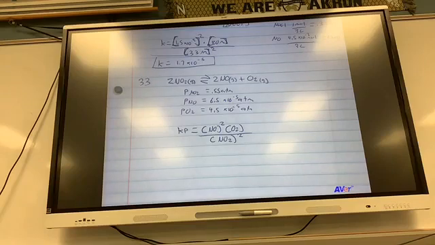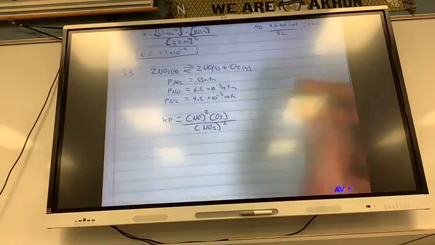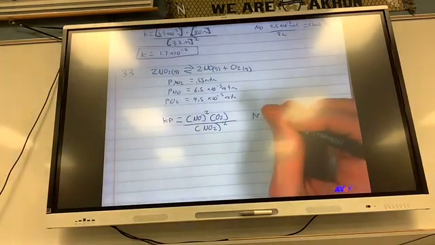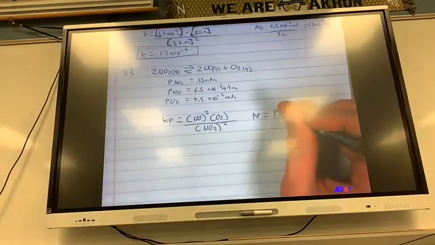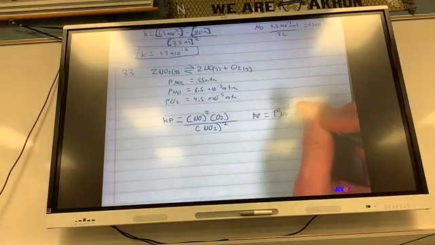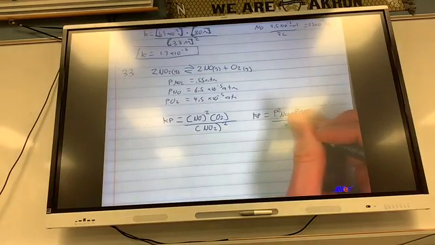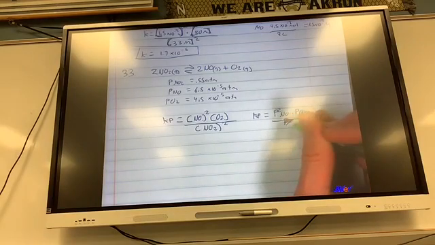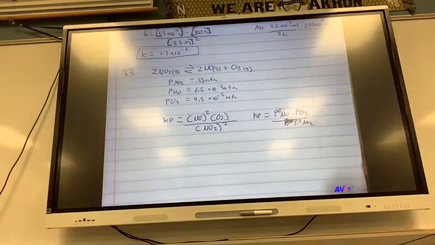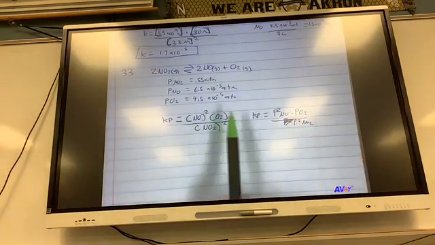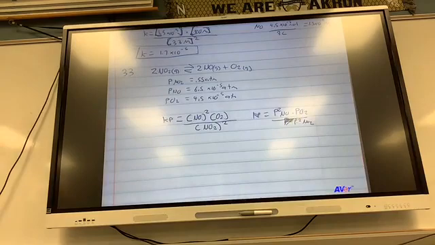Or you could have written it like this. You could have said Kp equals P squared NO times PO2 over P squared NO2. You just have to prove that you know that you're dealing with pressures somehow.